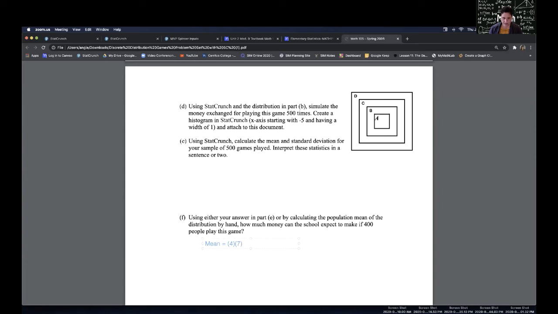Instead of the mean, I'm going to add up all my data, the sum of all my data. So I'll have 4 7s. I'm going to have 12 1s. I'm going to have 20 negative 2s. And then I'm going to have 28 negative 4s. So that's going to give me my sum.